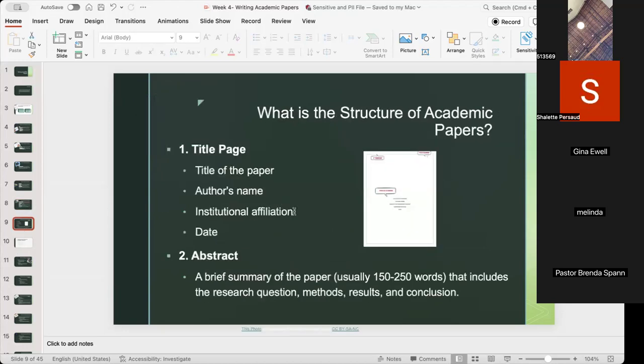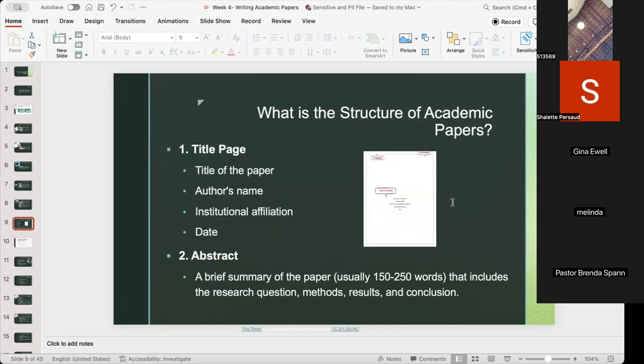Okay, so the structure of academic papers sometimes is different. We have our title page, which, this is a picture of a title page right here, where you can see, I can't actually see it very well, but it has the title of whatever the paper is.